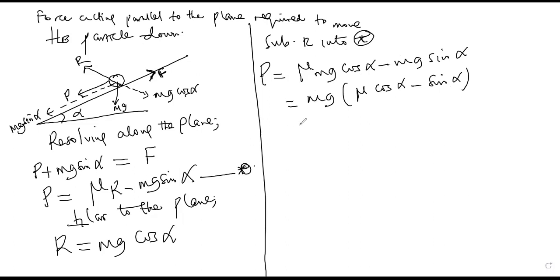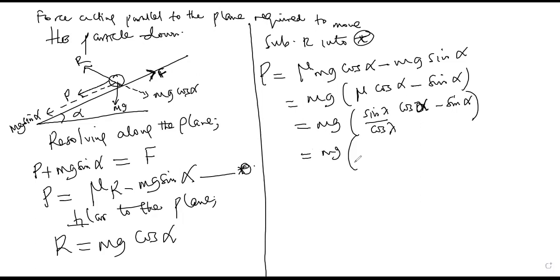So this is going to be equal to mg, but mu is the same as sine lambda over cos lambda, times cos alpha minus sine alpha. So this is going to be mg into, when we take the LCM, sine lambda cos alpha minus sine alpha cos lambda over cos lambda, right?